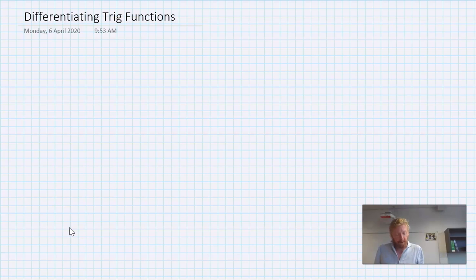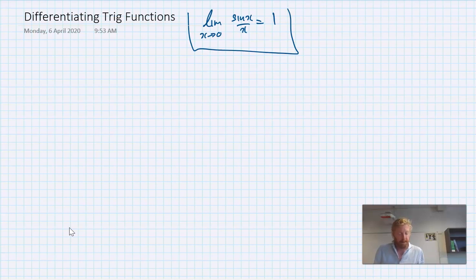Just a reminder, last lesson we did this proof that was for small angles, and we set the limit as x approaches 0 of sine x on x equals 1. Look back for the proof if you haven't already, but we could also just look at it graphically.